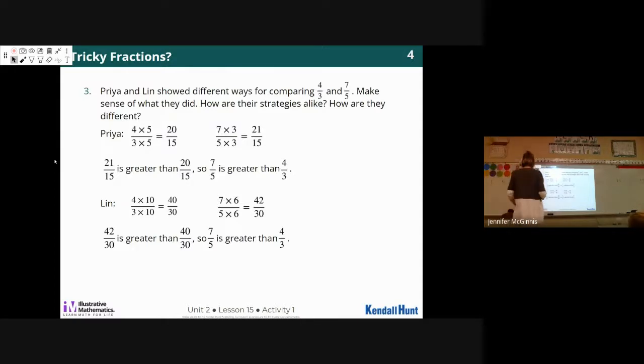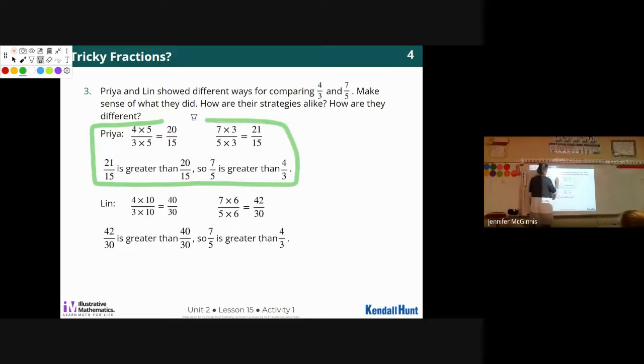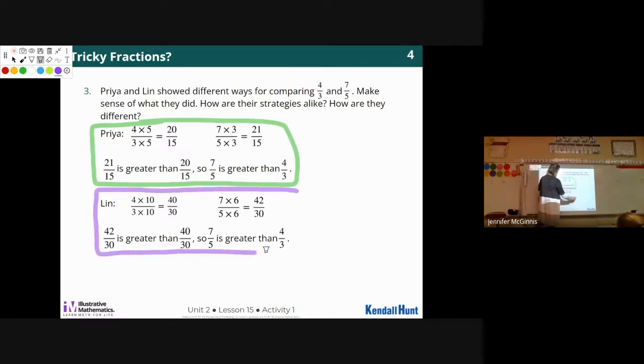Priya and Lynn showed different ways for comparing 4/3 and 7/5. Make sense of what they did. That is what I want you to do right now. Look at their math.